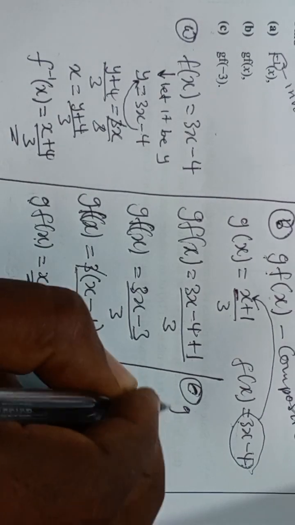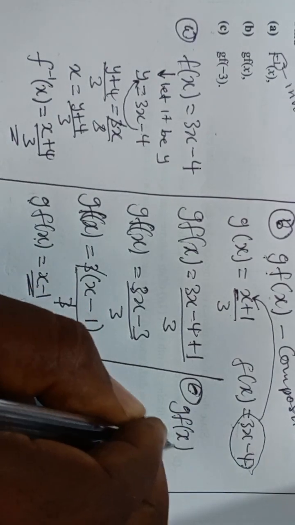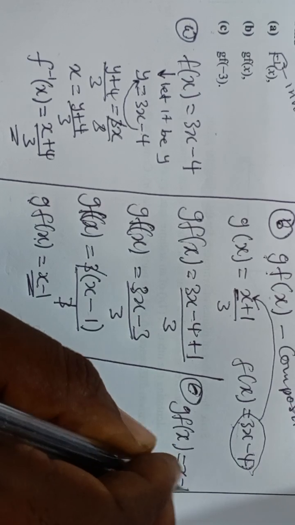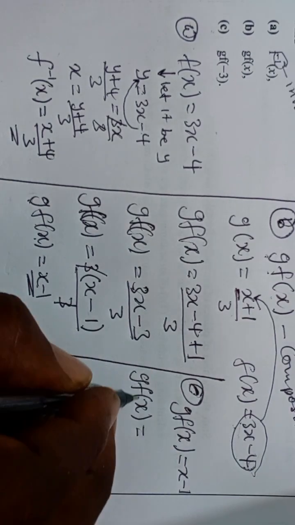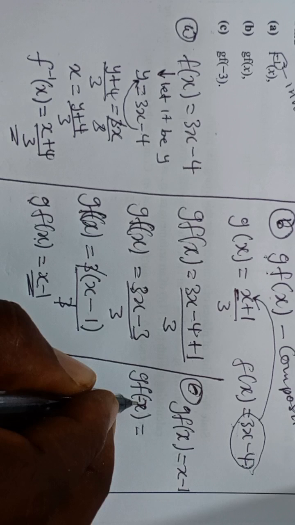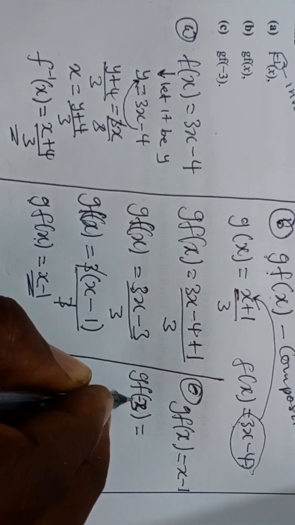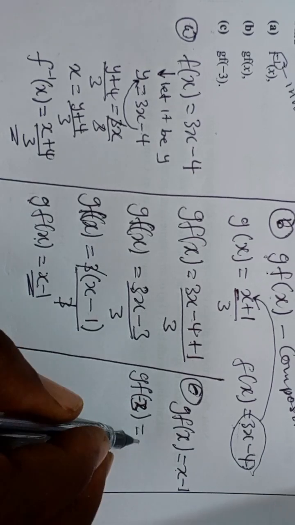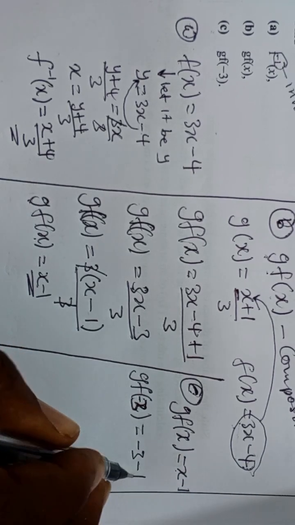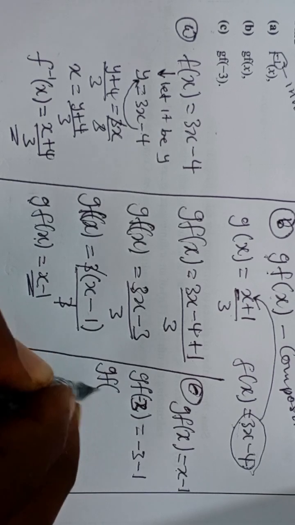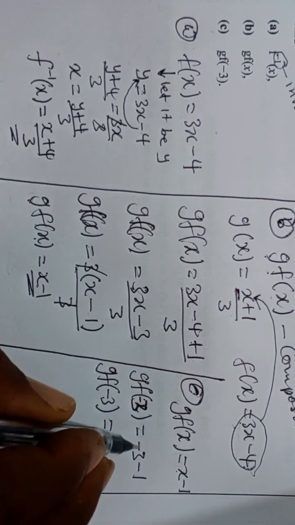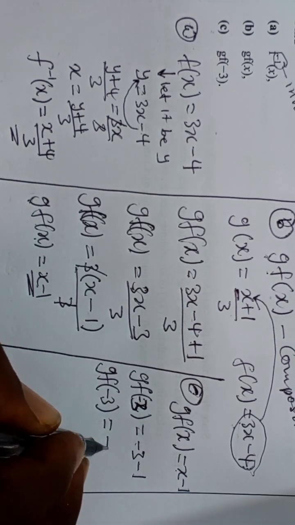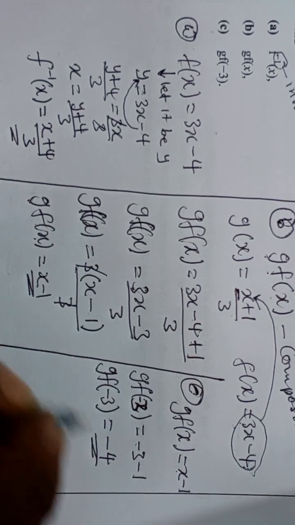So g f of x is x minus 1. g f of negative 3 is equal to, where there is x, we substitute negative 3. So negative 3 minus 1. So g f of negative 3 equals negative, negative you add. So we are going to have negative 4.